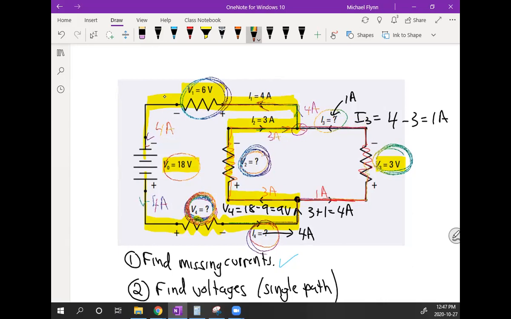Then I continue on here, an unknown voltage here. Then I continue along the path and drop 6 volts up here. Well, 9 plus 6 is 15, but I have a total of 18 volts. So therefore V2 has to equal 18 minus 15, which is 3 volts.